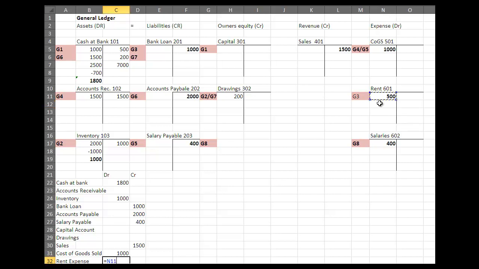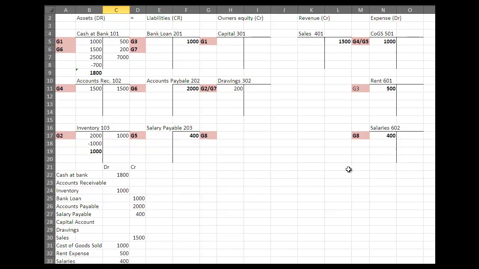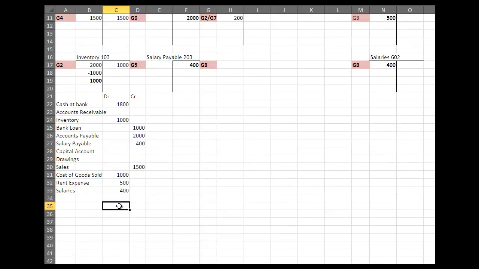Now when we add these up, they should balance between the debits and the credits, and they're out by $200.